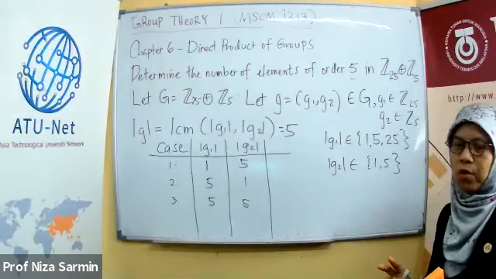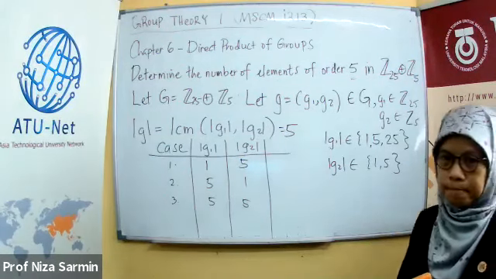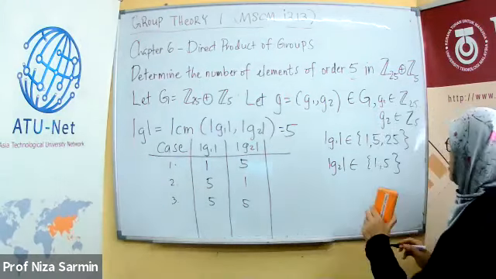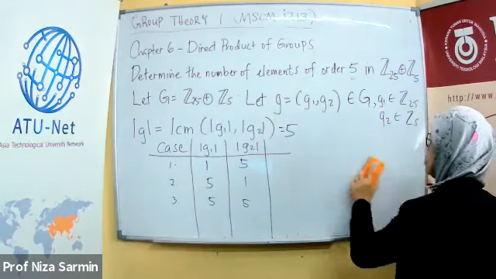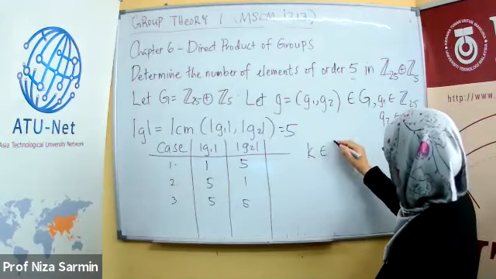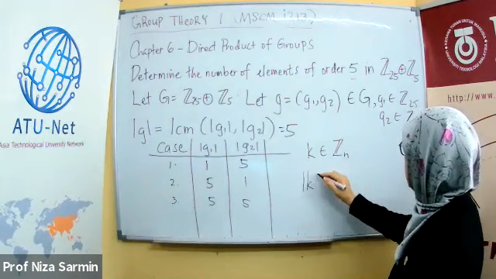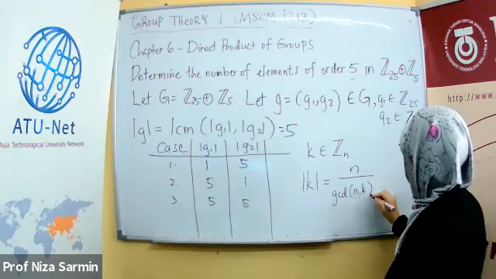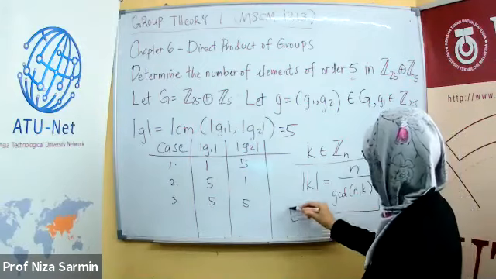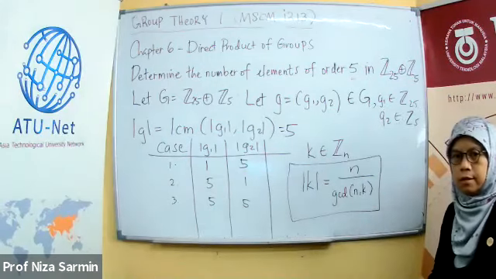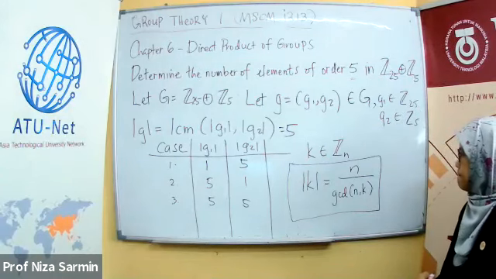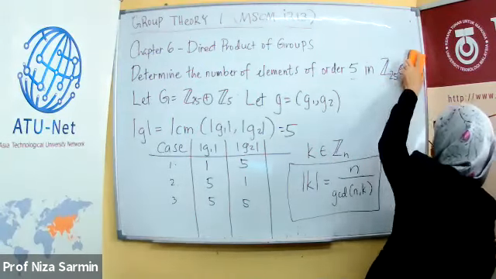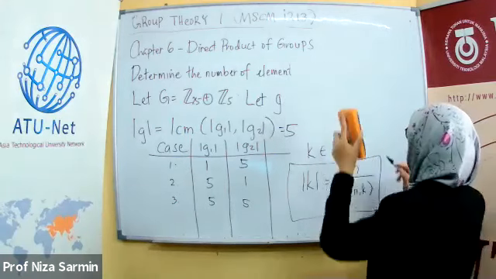I haven't given you this before, but I don't know if you realize this: if k is in Zn, the order of k is n over GCD of n and k. Let's look at this, like Z6.